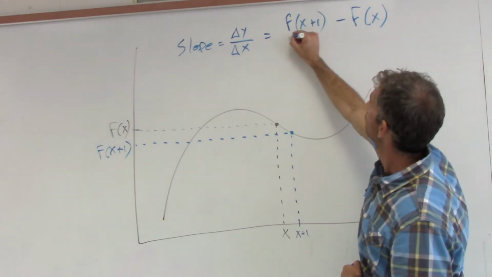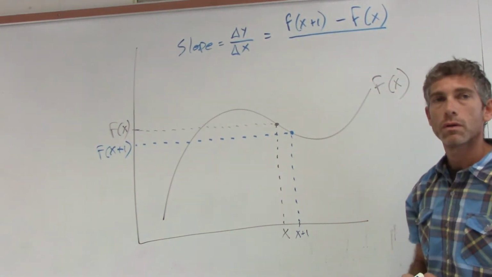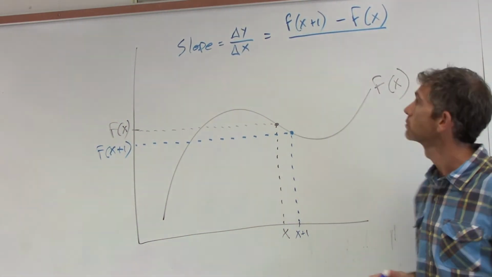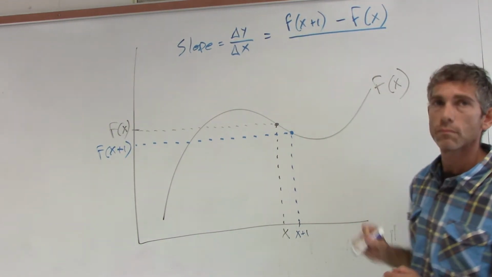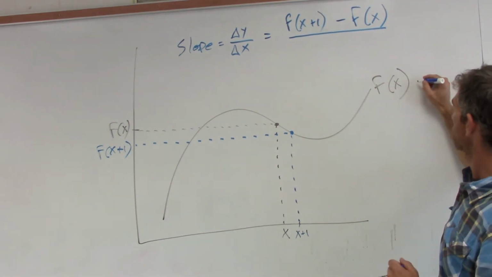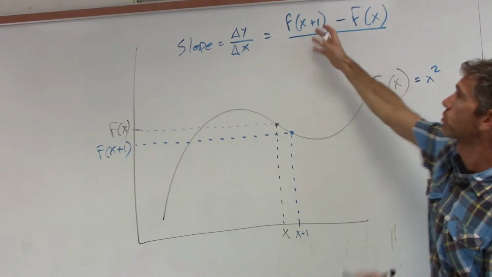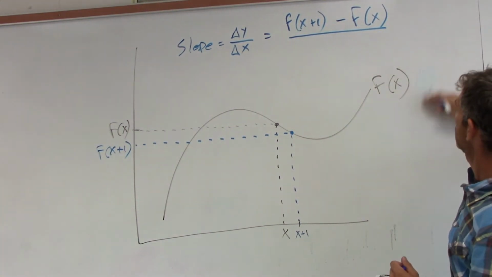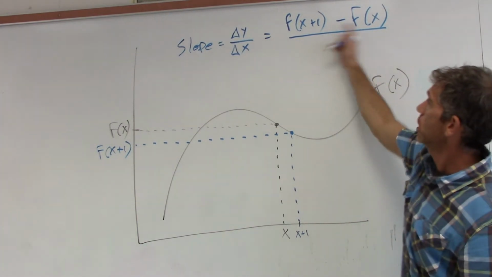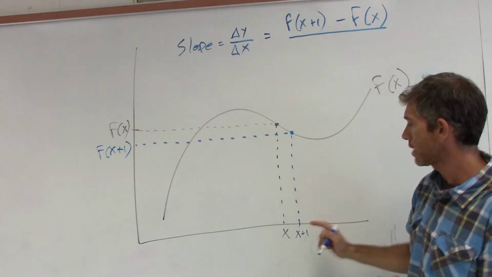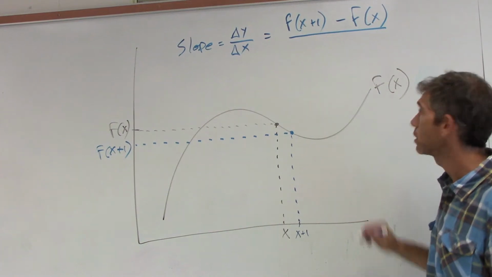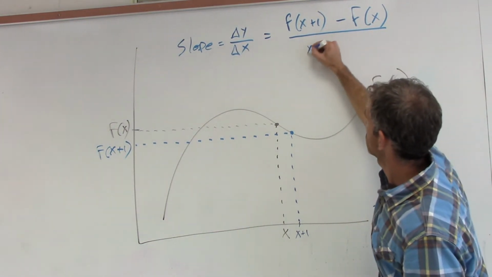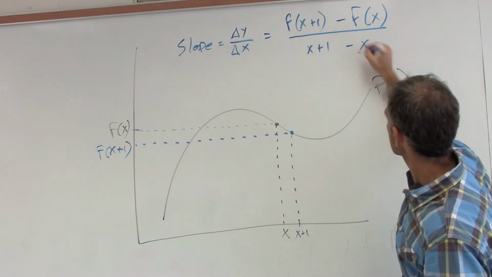So when I plug x plus 1 into the function, I'm getting out f of x plus 1. If for some reason this was f of x squared, then we're just squaring that. If it's cubed, it's whatever the function's defined as. So we have our change in y values. We want to divide that by the slight change in x values: x plus 1 minus x.